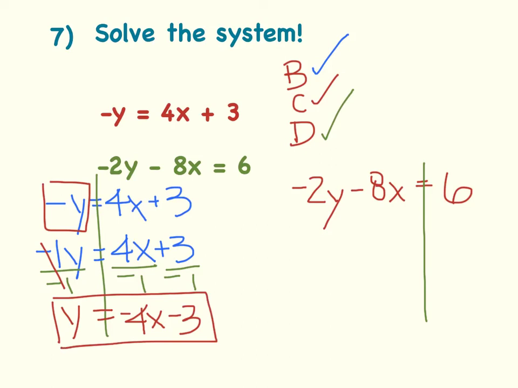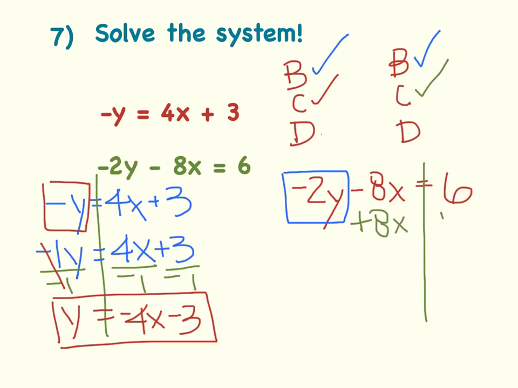Now we're going to work out the second equation. Remember, make sure you use these 3 little letters here. I think it was actually pretty helpful. So first I'm going to box my variable, which is the negative 2y. Next I need to cancel what's beside my box by doing the opposite, so I'm going to add 8x.